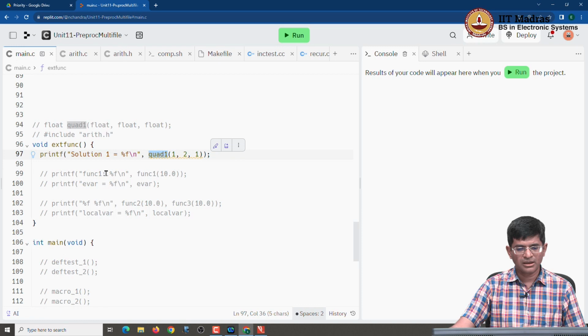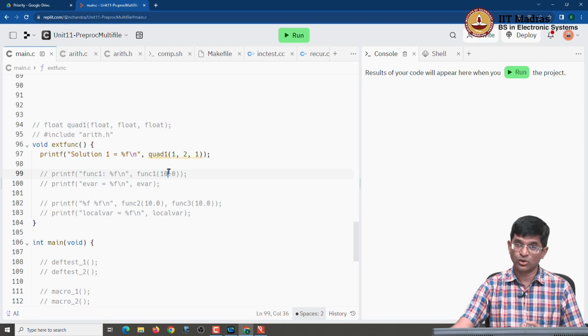Now what actually happens behind the scenes over here is that if I try clicking on the run button, Replit will actually go through my entire project, find out all the .c files that are present over there, compile all of them into .o, we will get to that in a moment what that means, and then link them together into an executable.